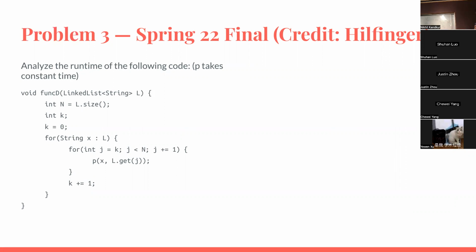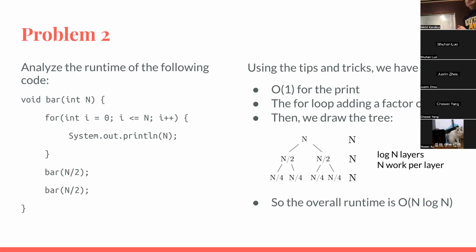Oh, sorry, question in the back. Oh, yeah, let me go back. Sure. All right. So the question was, what happens if we have 3 calls to n over 2?